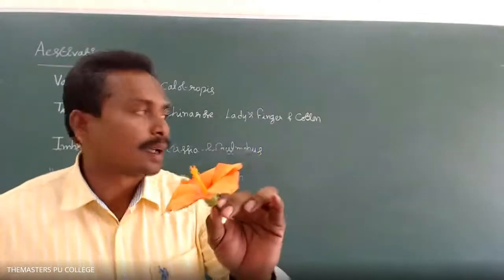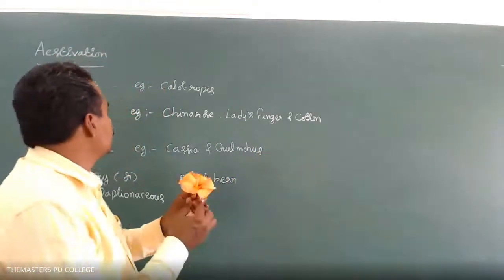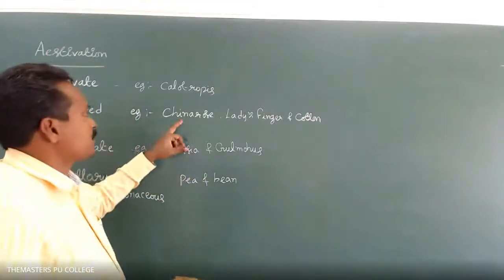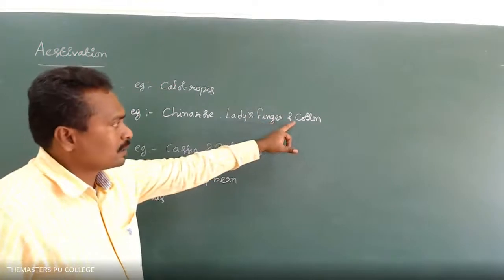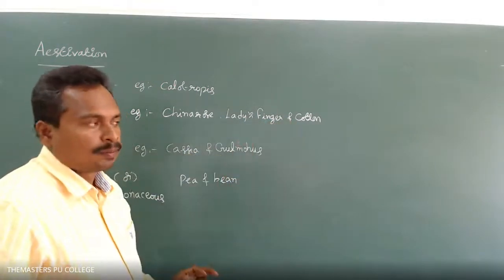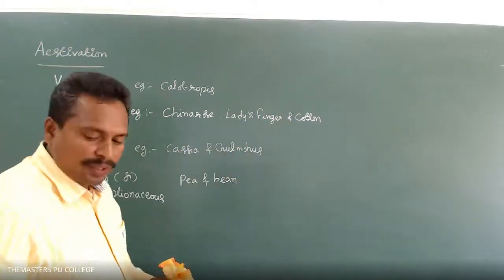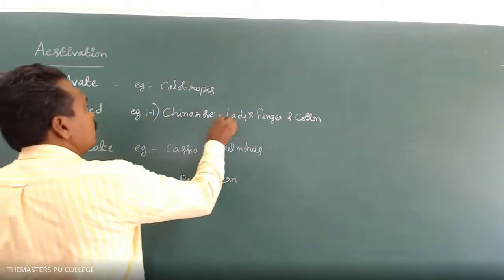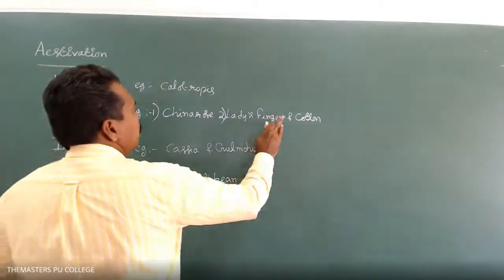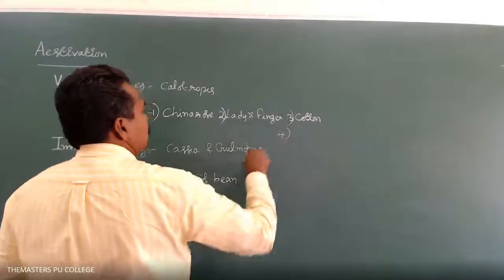As per NCERT, the examples for the twisted type of estivation are China rose, lady's finger, and cotton. So twisted estivation is seen in option 1 China rose, option 2 lady's finger, option 3 cotton, option 4 all of the above.